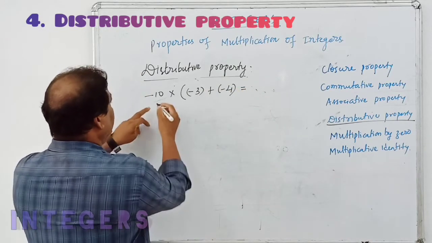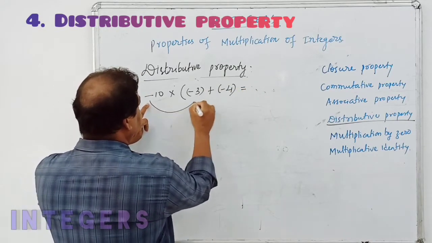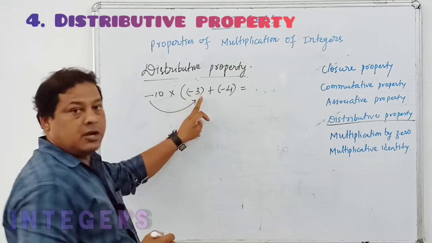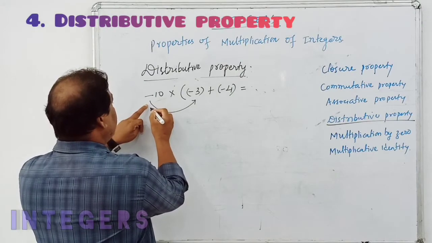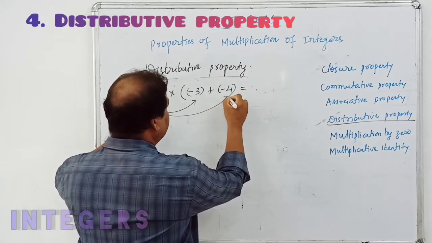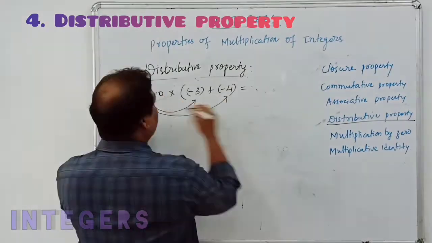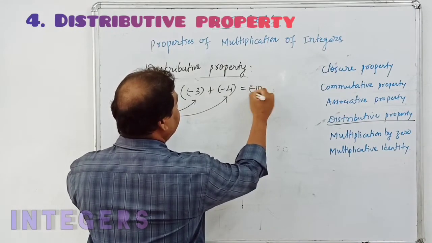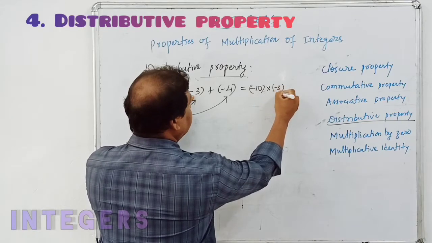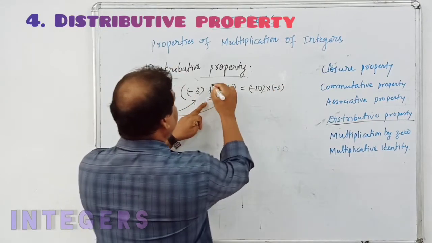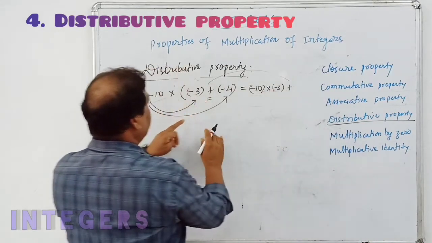Now we have to multiply minus 10 with the first term, that is minus 3. Thereafter, you have to multiply minus 10 with the second term, that is minus 4. Then plus sign, you have to put here a positive sign.